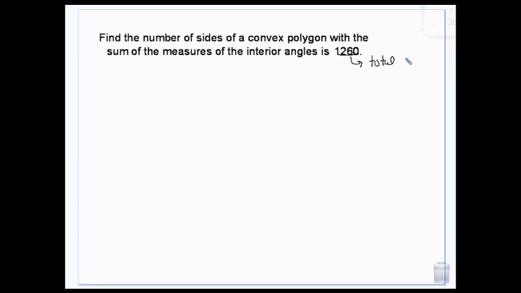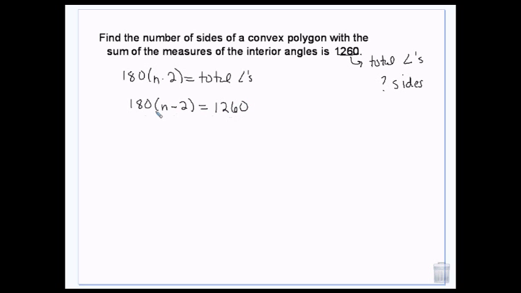Next problem, we're given the total angle. We want to find the sides. Okay, so that's our formula, right? So if I plug in the total, I can find out what n equals. Now we're going to go a little differently than we would normally do with algebra, which would be to distribute the 180 and then go from there.